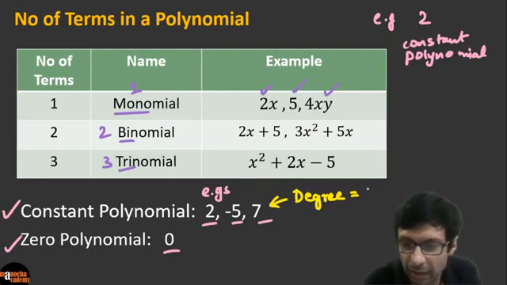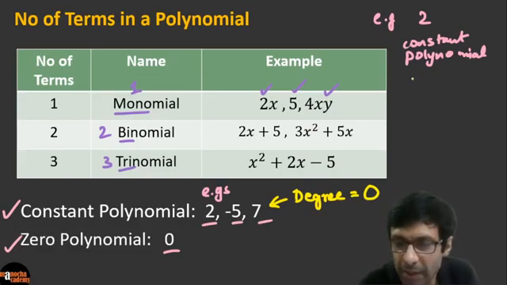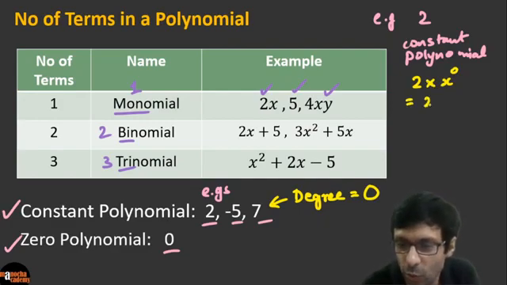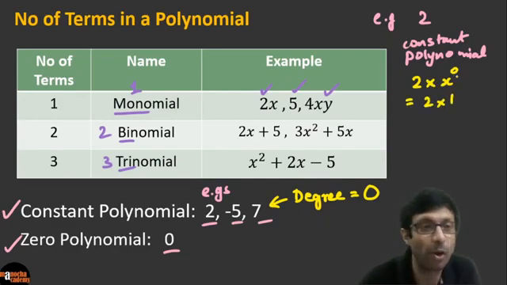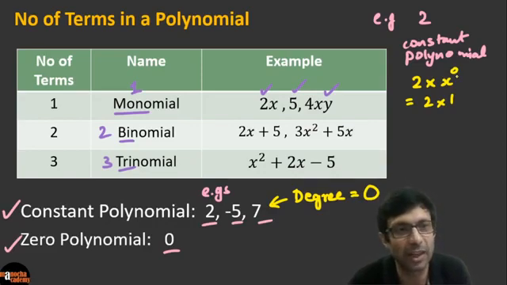The degree is 0, because you can think of 2 as 2 times x to the power 0. X to the power 0 is 1, so that's 2 into 1. The power of the variable is 0 because x is not there. So you can learn that constant polynomials have degree 0.